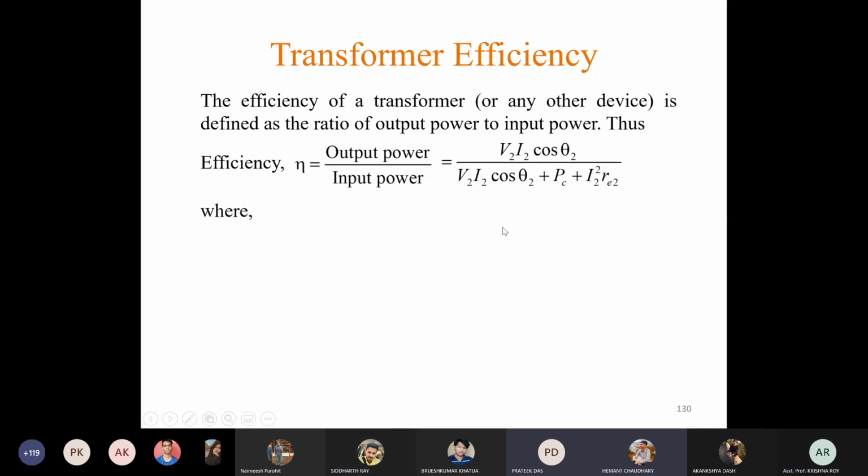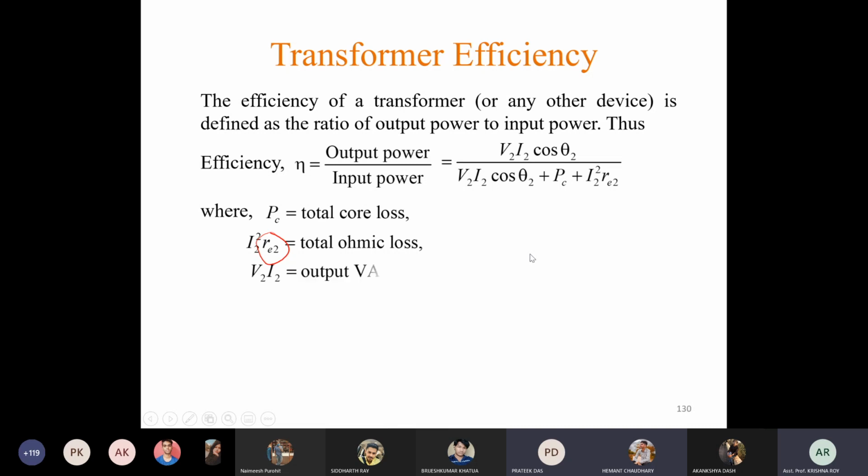Here, PC is the total core loss, which can be measured by performing the open circuit test. I2 square Re2 is the total ohmic loss. Why is it the total ohmic loss? Because we are using the total resistance, the equivalent resistance of the transformer referred to the secondary side. That means it gives the total ohmic loss of the transformer, which occurs in both the windings.